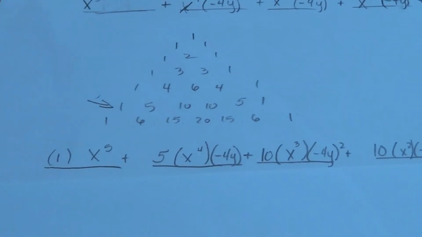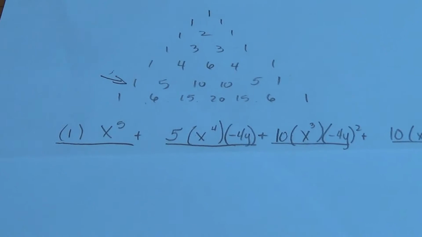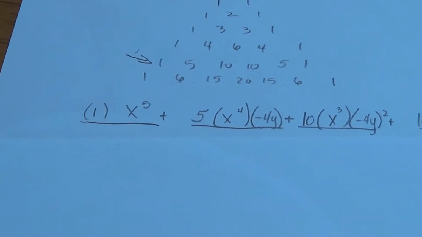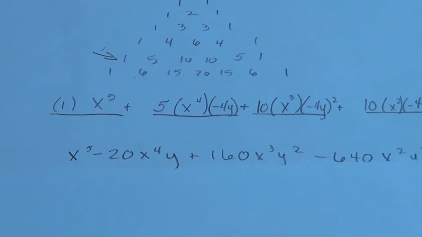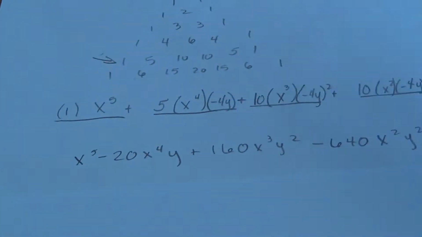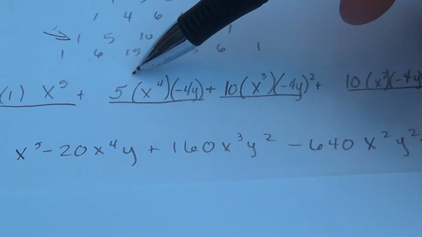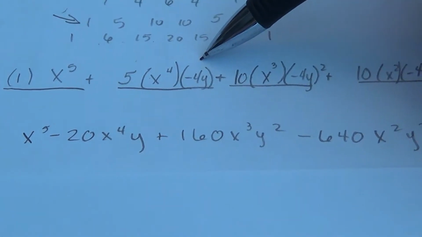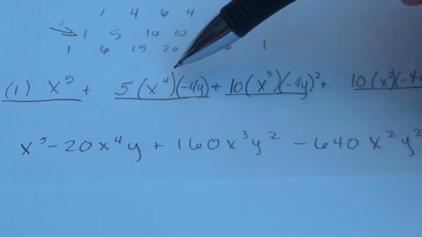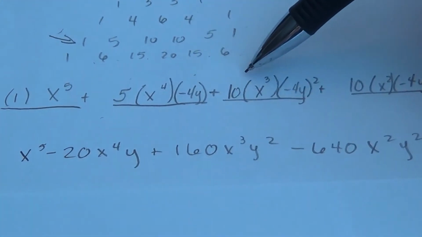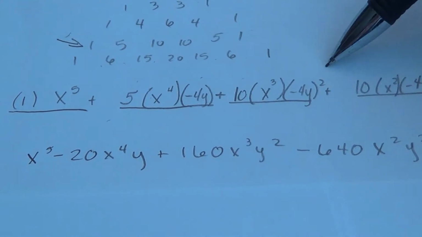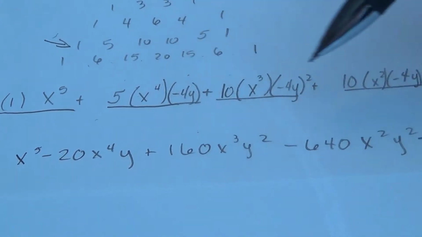Now I just have to multiply everything out and simplify. The first term, the 1 is unwritten, becomes x to the fifth. The second term requires me to take a 5 times a minus 4, and the rest, 10 times a minus 4 squared. It's a positive.